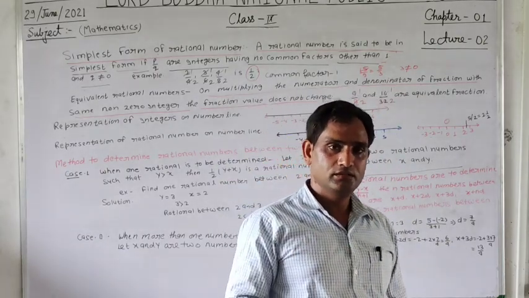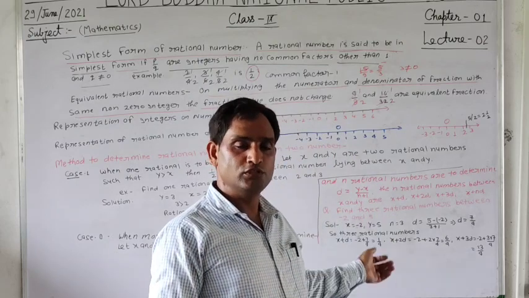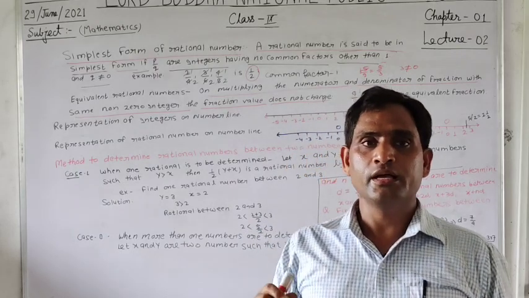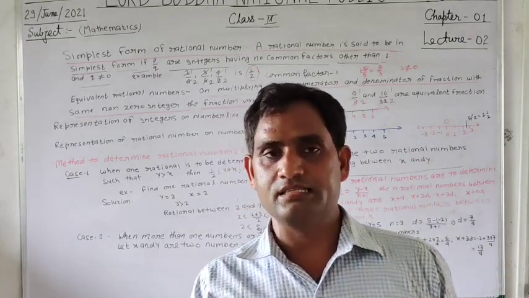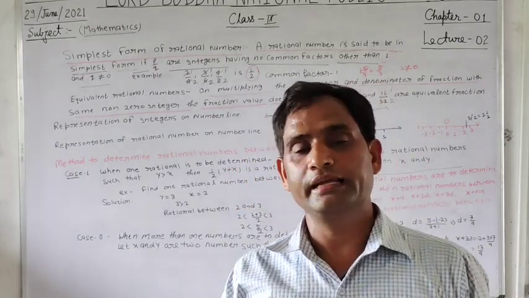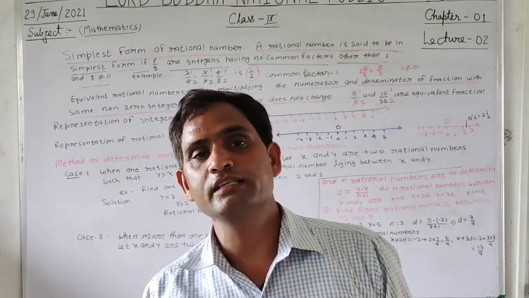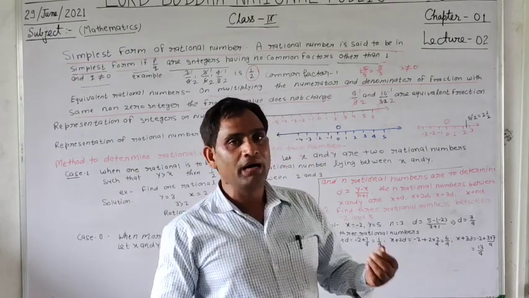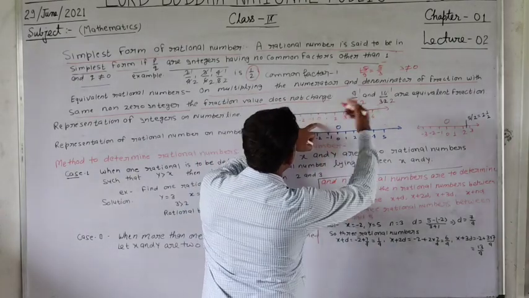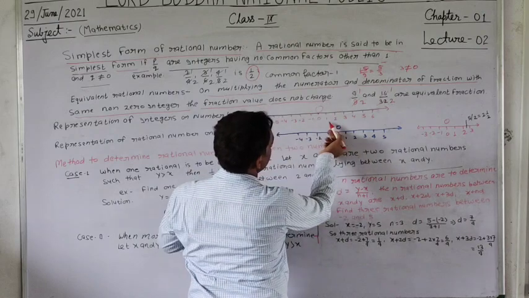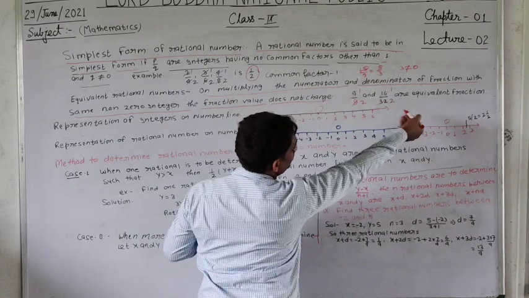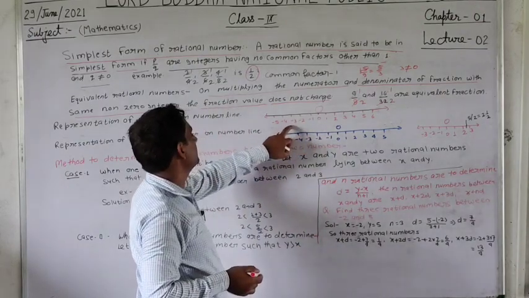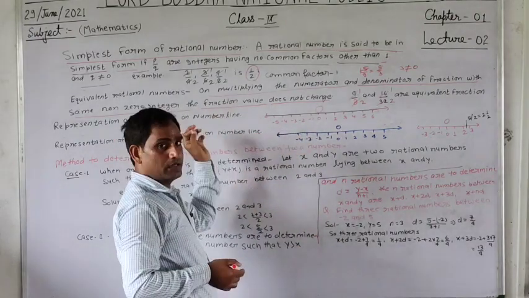Right side of 0 and left side of 0, we make a number of pieces which are equal in length and each piece is known as a unit. After that, we mark on the right side 1, 2, 3, 4, 5 and so on, and on the left side -1, -2, -3, -4, -5 and so on.